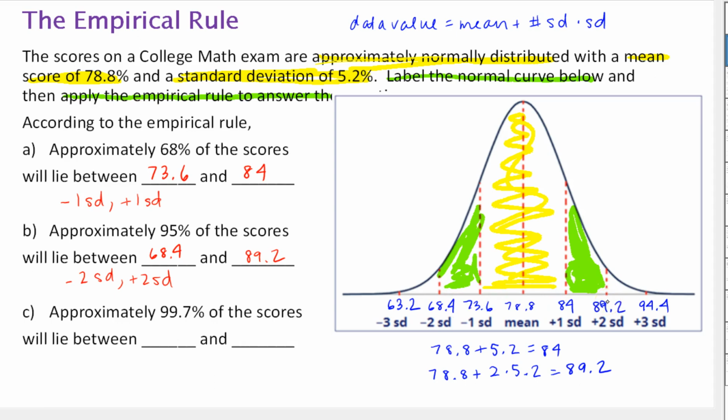And then finally, approximately 99.7% of the scores will lie between, and I bet you guessed it, 3 standard deviations of the mean. So minus 3 standard deviations and plus 3 standard deviations, and that would be the values 63.2 and 94.4.